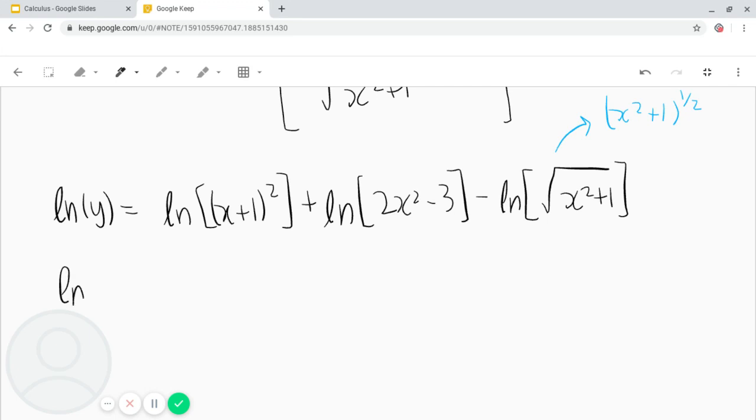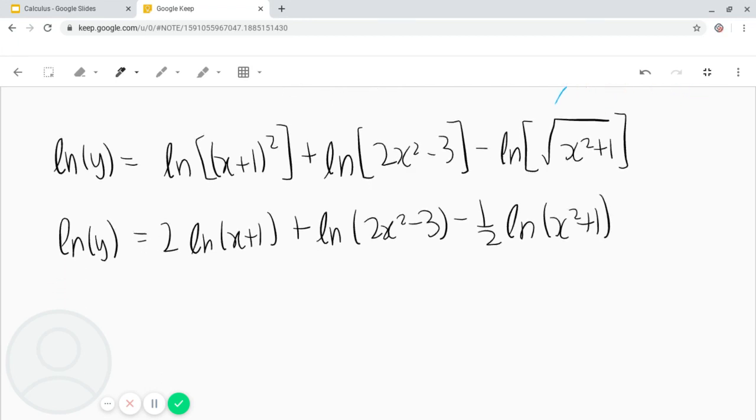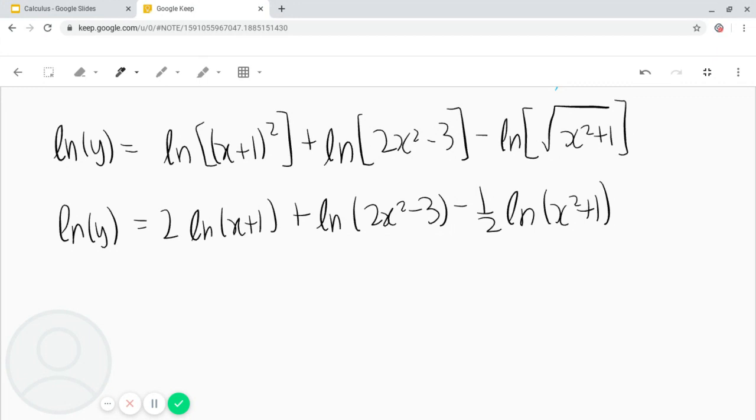So simplifying further, ln y is equal to 2 ln (x plus 1) plus ln (2x squared minus 3) minus 1 half ln (x squared plus 1). That's just about as simplified as we can get that expression, so we can go ahead and differentiate with respect to x.